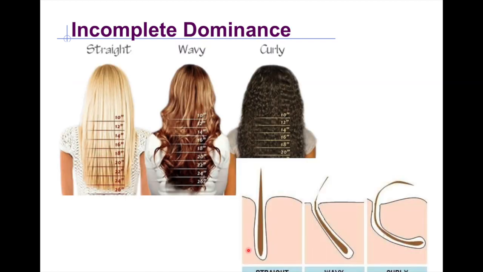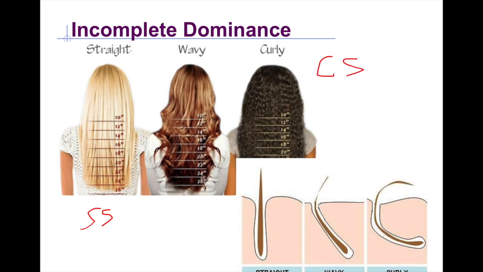We have a human example right here for incomplete dominance, and that's straight, wavy, or curly hair, the texture of our hair. If you have straight hair, you can have big S, big S. If you have straight hair, you can have this particular genotype. If you have curly hair, you will have this genotype.